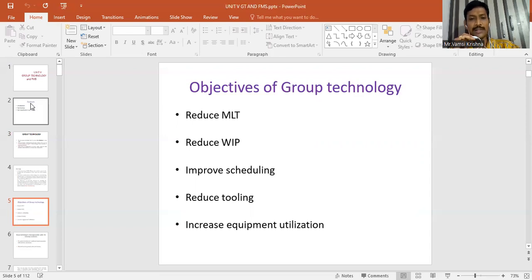The second objective is to reduce the work in process. Work in process means we have multiple workstations. Let us say the first workstation requires at least 10 minutes to complete a component. Our machining has to be done in 10 minutes. That is the minimum possible time that they have optimized.